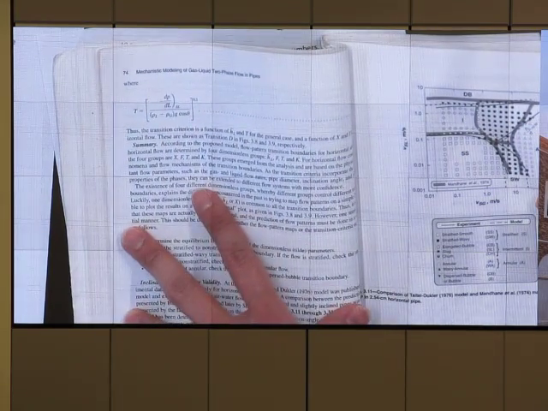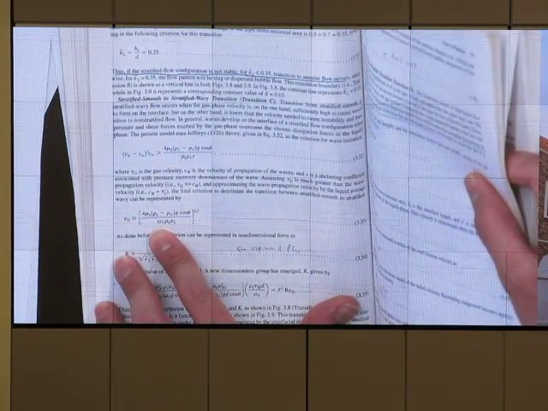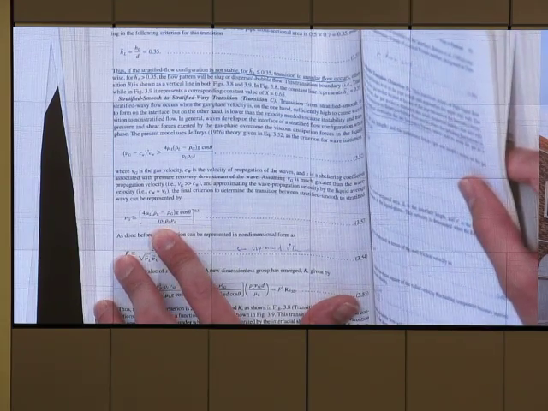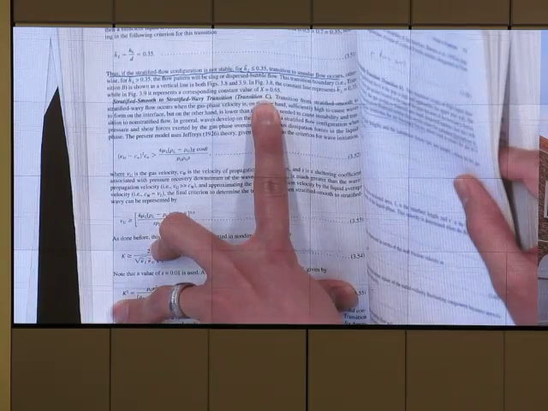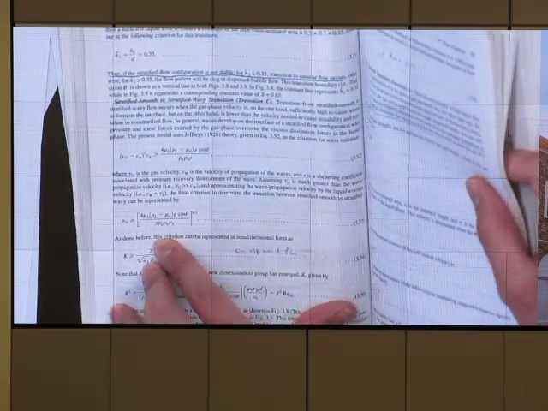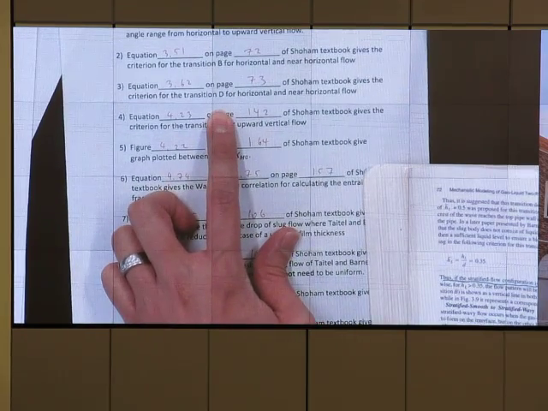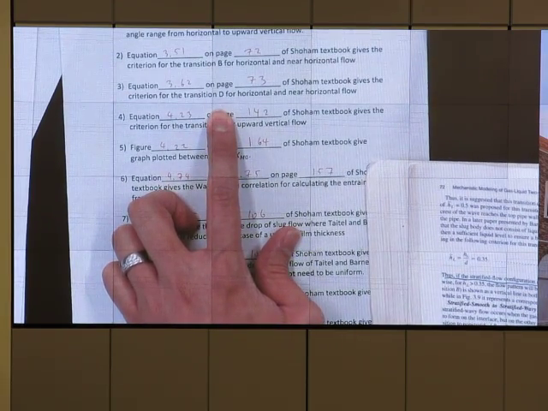What about 53? This one. What about this? It's transition C, right? But I asked for transition D. Oh, I think I wrote this one.